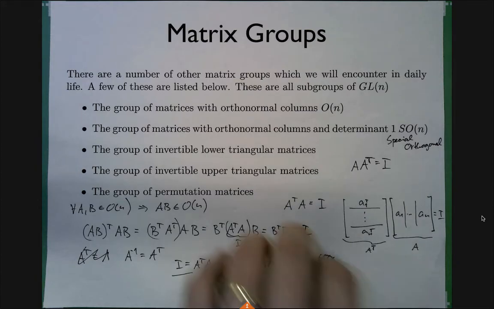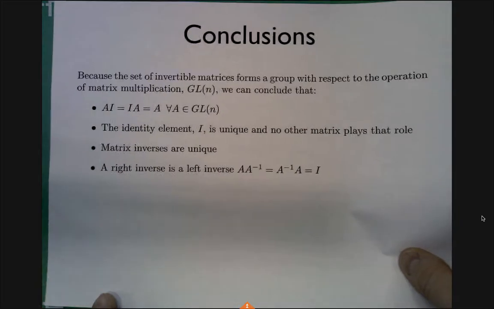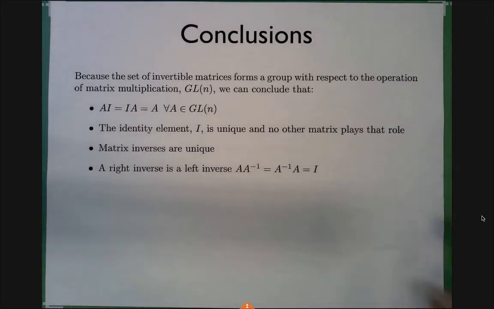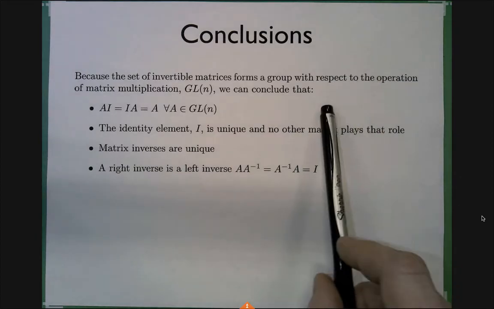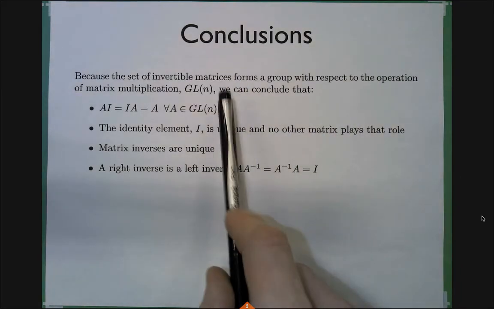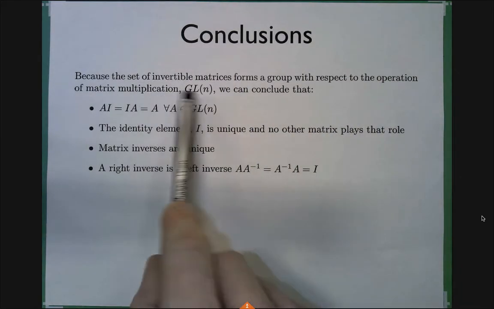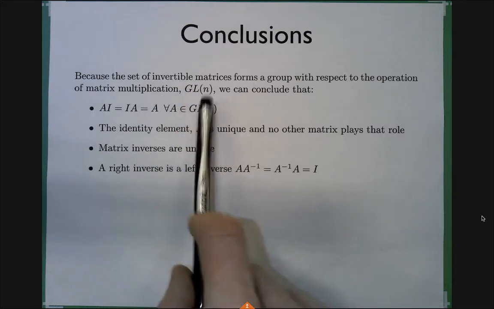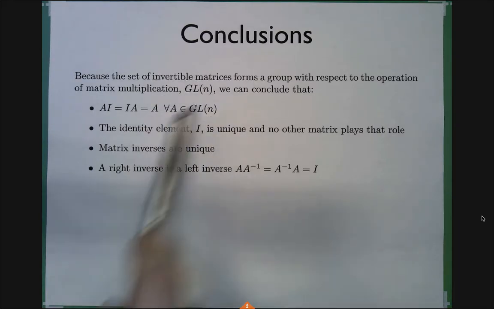All right, so the grand conclusion here, unless you have some questions. You don't look like you do. So the group theory immediately gave us these useful properties for invertible n by n matrices, in group language GLN, the general linear group in n dimensions.